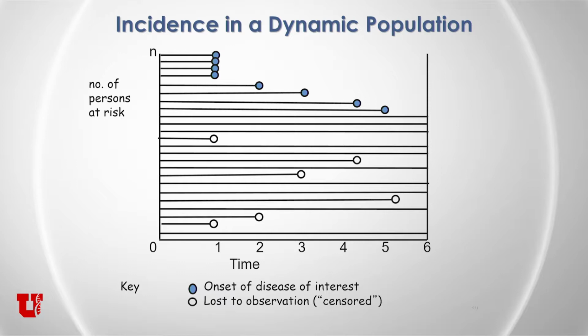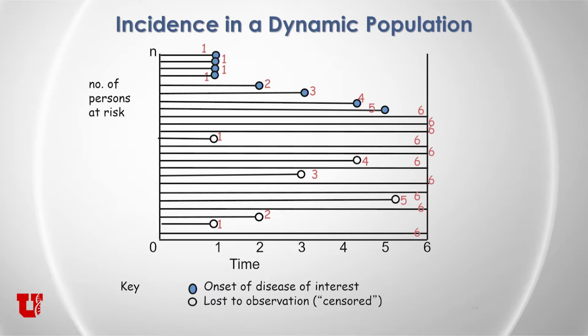So the idea is that each person contributes person time according to how much time they are under observation for the study. What that means is that those first 4 people at the top contribute 1 unit of person time, because that's how long they went before they were diagnosed with the condition. But down at the bottom, the line at the very bottom that goes all the way from 0 to 6, that person contributes 6 units of person time.